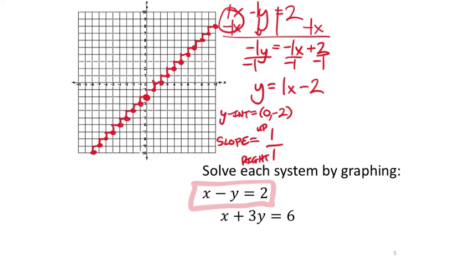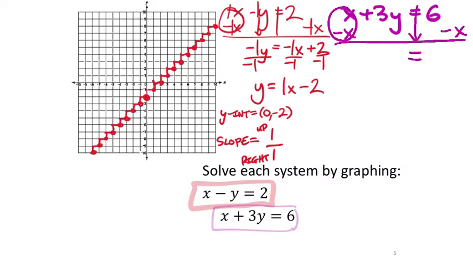Let's focus on the second equation though, which is x plus 3y equals 6. I'm going to change it into slope-intercept form, just like we're used to. So I'm going to subtract the x from both sides first.